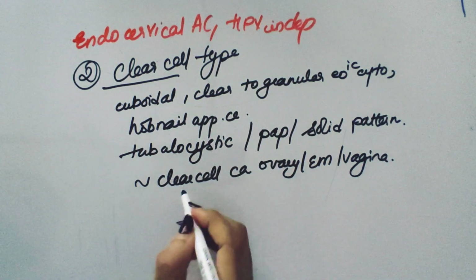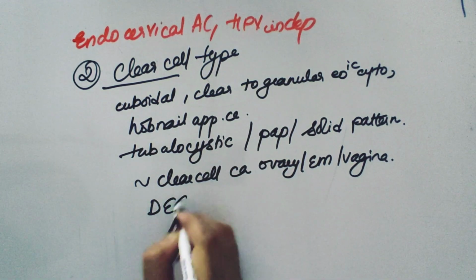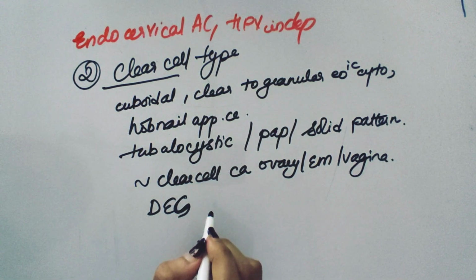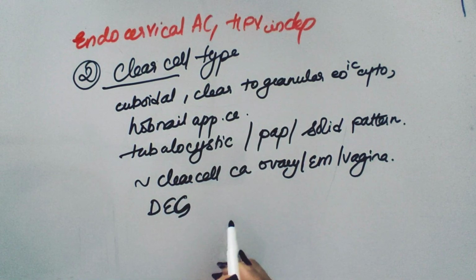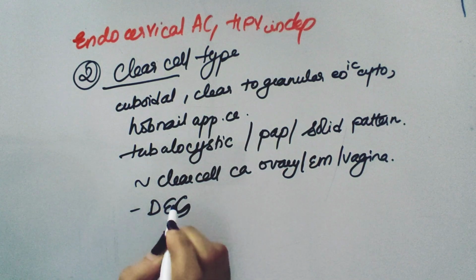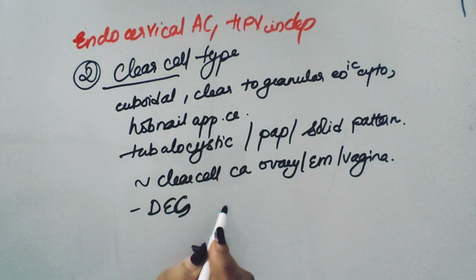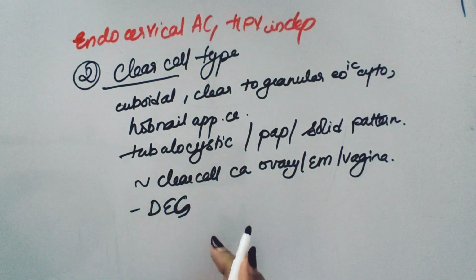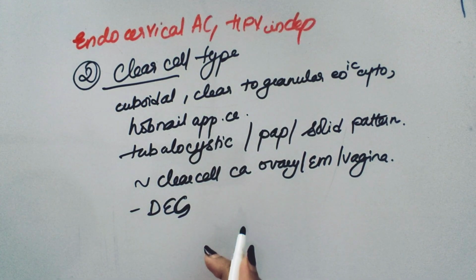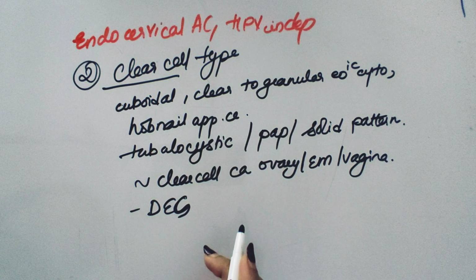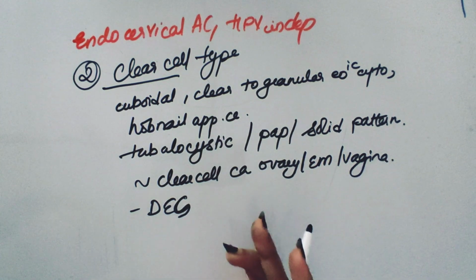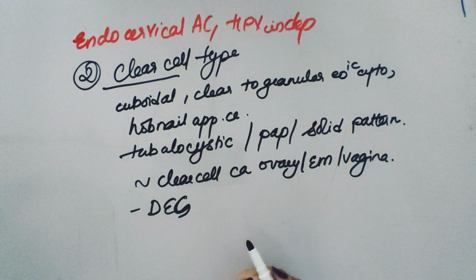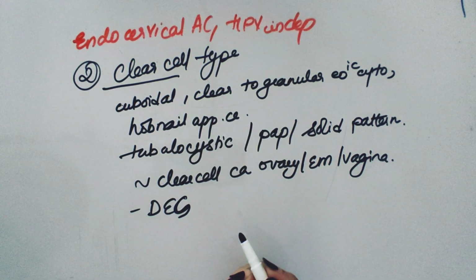And if you have heard about diethylstilbestrol, so clear cell carcinoma is associated with the intrauterine exposure of diethylstilbestrol, which is now banned in many countries. It was used before during pregnancy time as an anti-emetic drug. That time those female kids of those mothers who took this drug had clear cell adenocarcinomas.